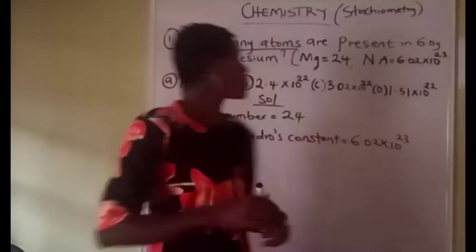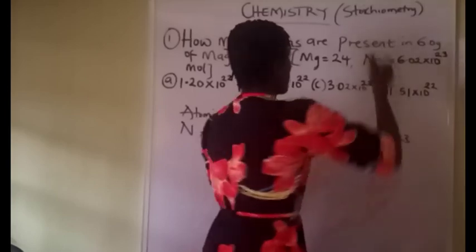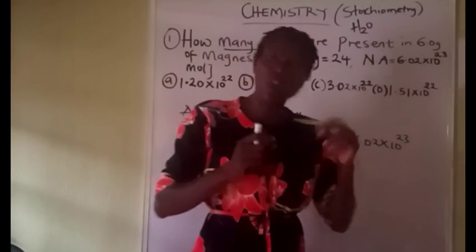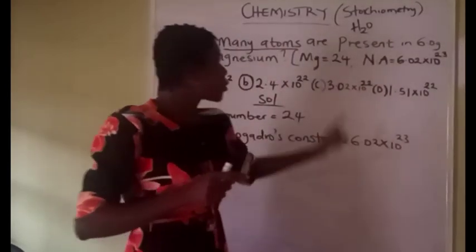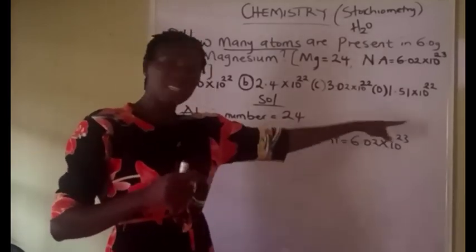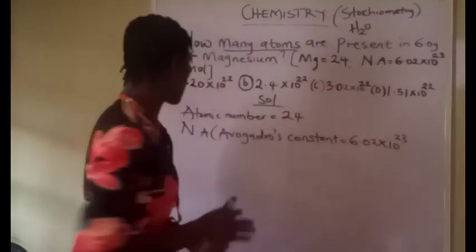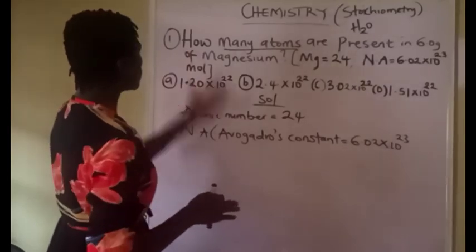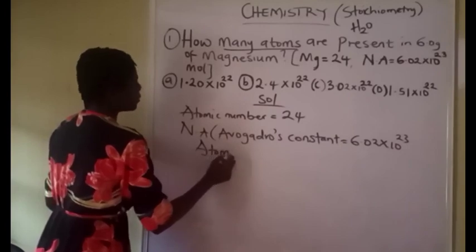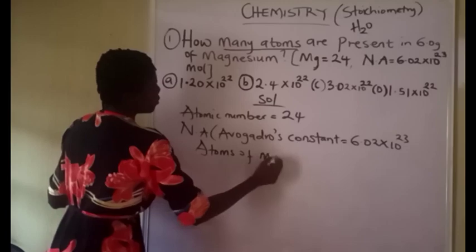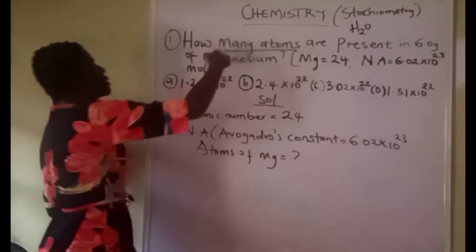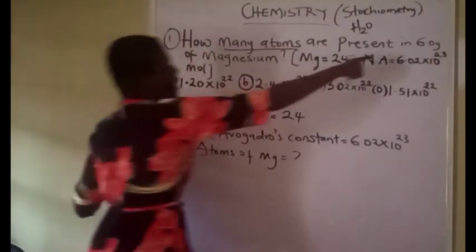For instance, I can say water, H2O, contains 1 mole of substance. That's Avogadro's constant. It contains 6.02 times 10 to the power 23 particles. Now we're looking for the atoms of magnesium, that is, how many atoms are present in 6.0 grams of magnesium.